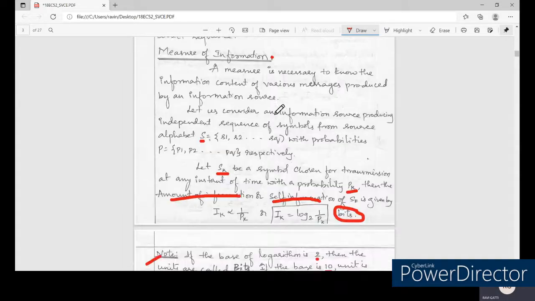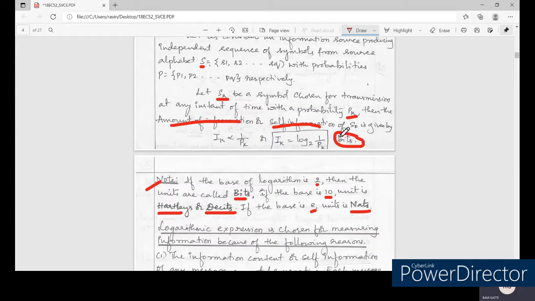Based on the log base you consider, we represent the information. If the log base is 2, it is called bits. If the log base is 10, it is called a Hartley or a decit. If it is a natural log, then it is called nats.